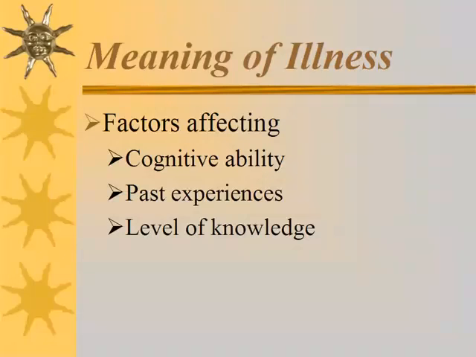Certainly when we're thinking about the meaning of illness, there are different factors that can affect how a child thinks about illness, their cognitive ability. Just to give you an example of that, oftentimes toddlers and preschoolers may look at illness as a punishment, something that they did wrong.